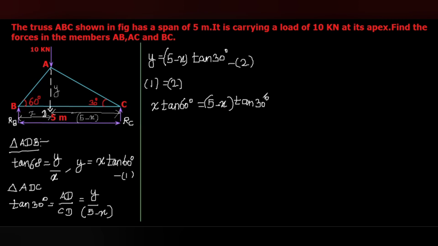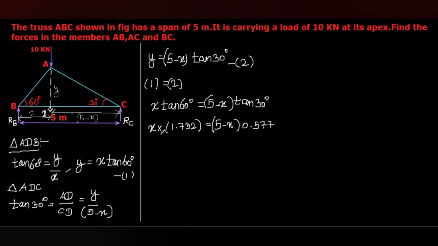Now I'm going to substitute the values of tan 60 and tan 30 in this equation. X tan 60 degree, we can get 1.732, that equal to (5 minus X) tan 30 degree, that is 0.577.